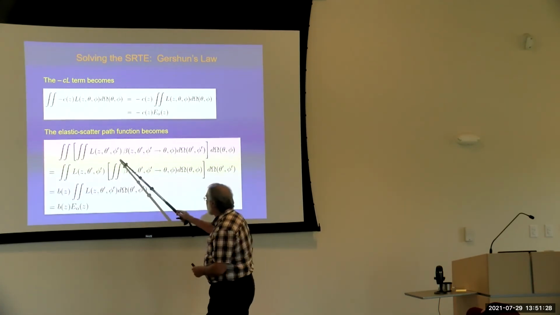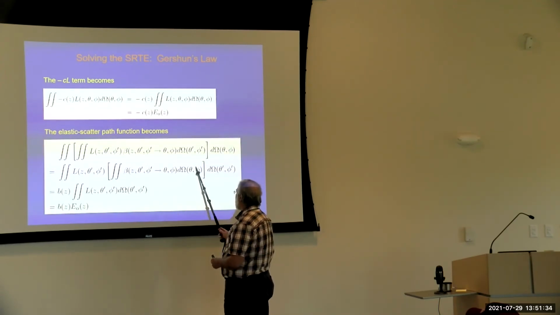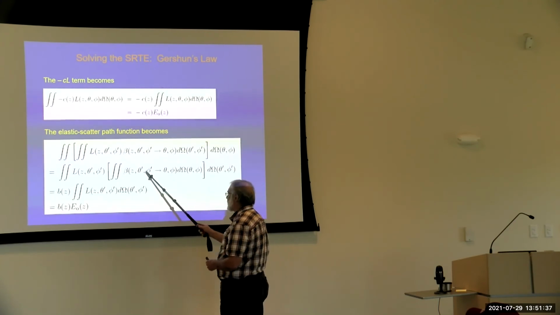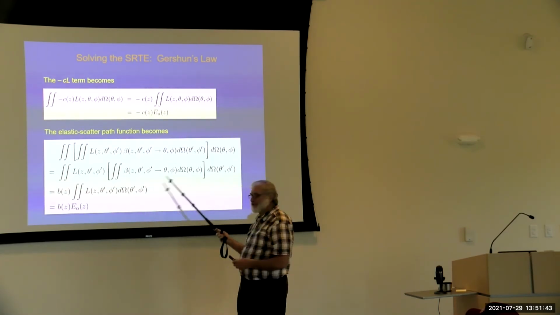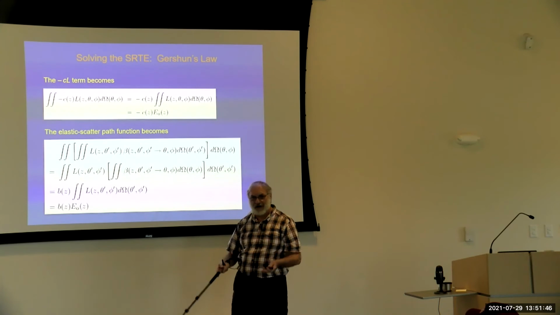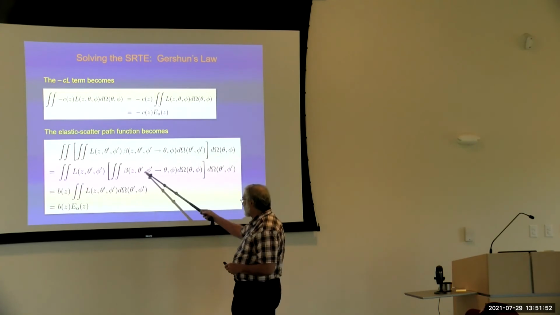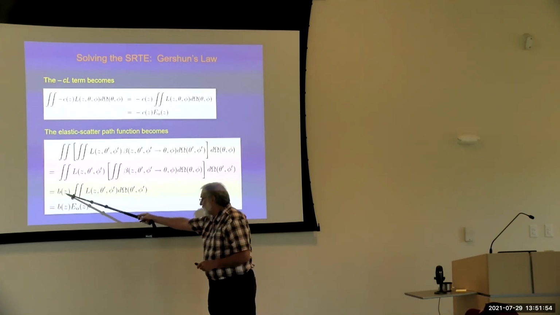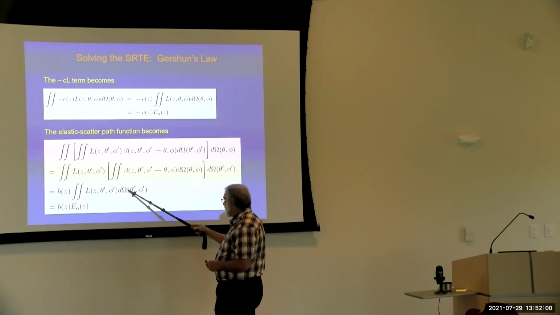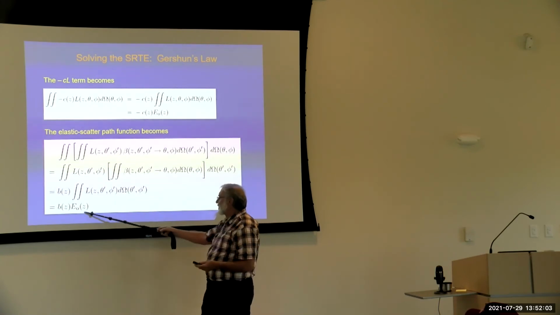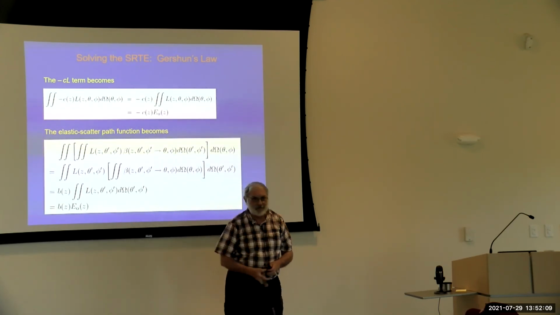So the theta phi integral comes in here and integrates the volume scattering function over all the output directions for a given input direction, or unscattered direction. Well, what's that? That's just the definition of the scattering coefficient. So that's going to depend on depth, but that's just the scattering coefficient. It can come outside this integral, and I'm left with an integral of the radiance over all directions, which once again, that's just the scalar radiance. So this whole big horrible mess actually turned out to be very simple.